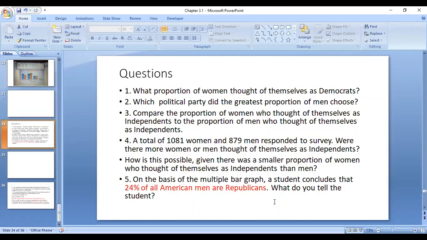Anyone can answer this question. You look on the table, we see the 24% of men are Republican, right? But the student says that 24% of all American men are Republican.